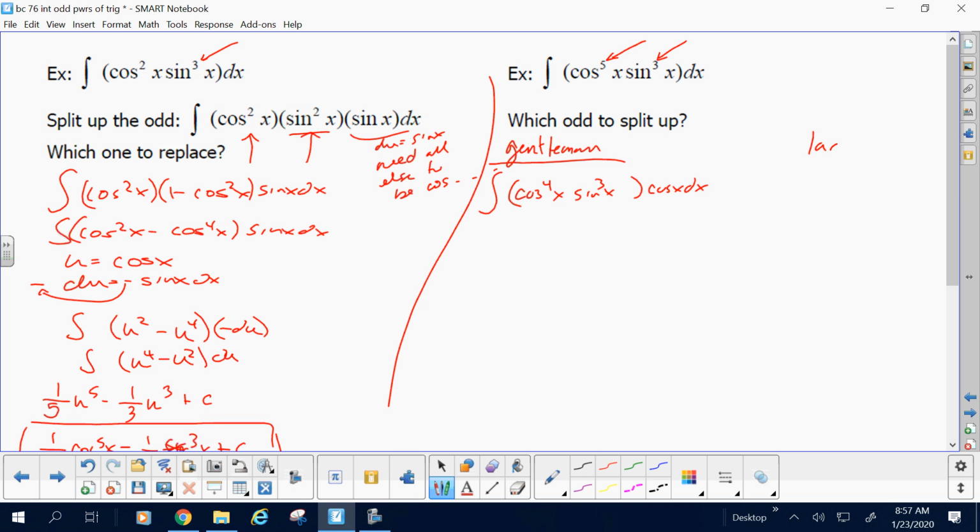The ladies, all the ladies in the house, cosine, leave it. Sine, split it. You down? And then proceed from there. We will get slightly different answers, and I need to communicate how they're slightly different and how they're really the same.